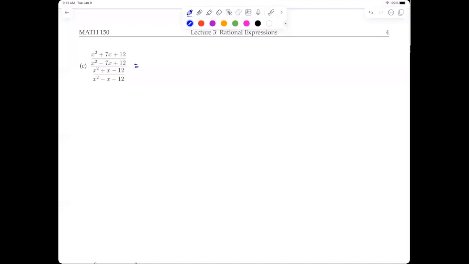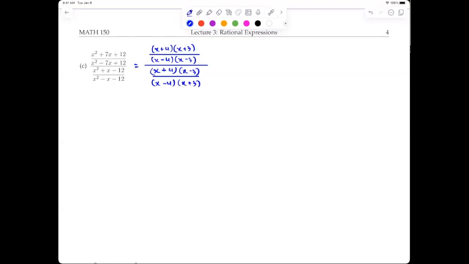So try to factor the numerator and the denominator when possible. So I have (x plus 4)(x plus 3) divided by (x minus 4)(x minus 3), all together divided by (x plus 4)(x minus 3) over (x minus 4)(x plus 3).